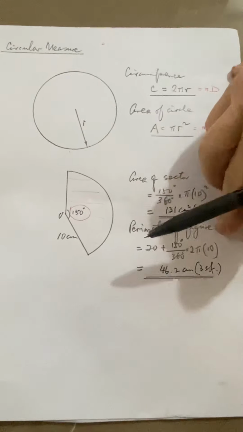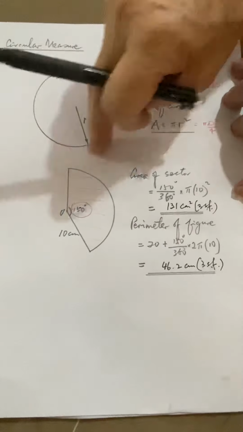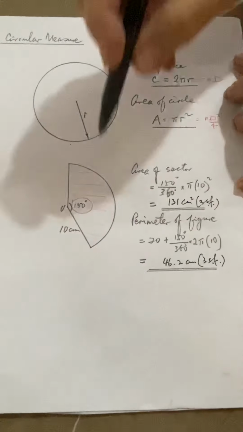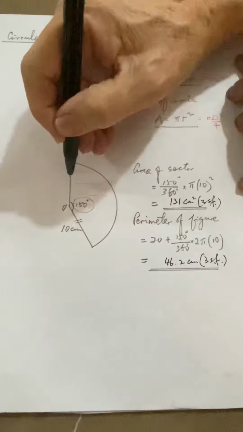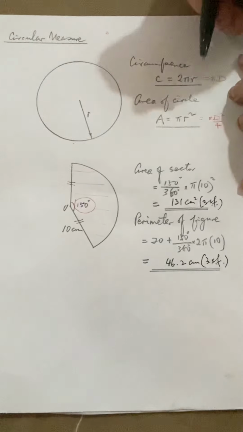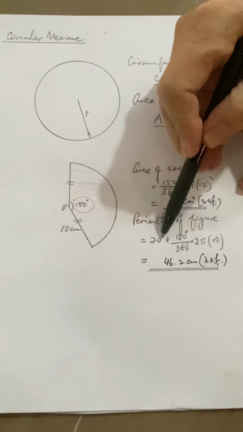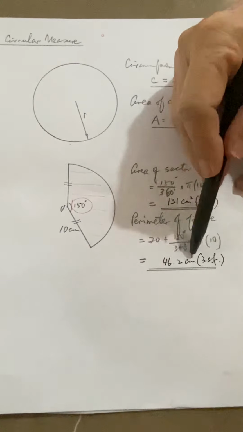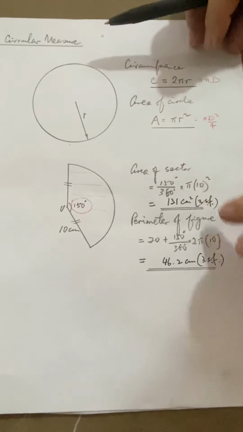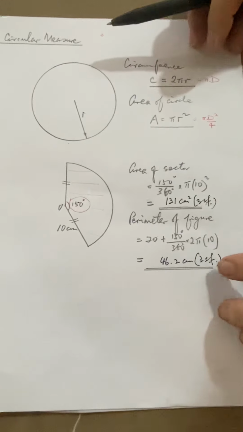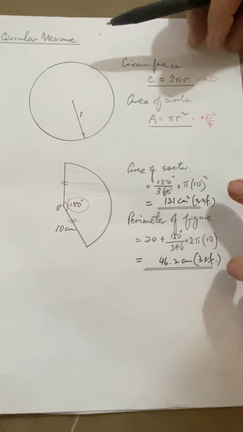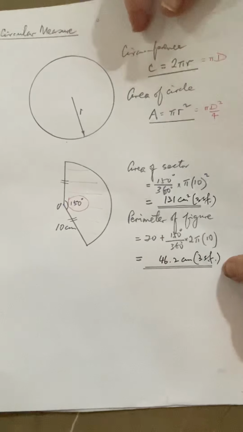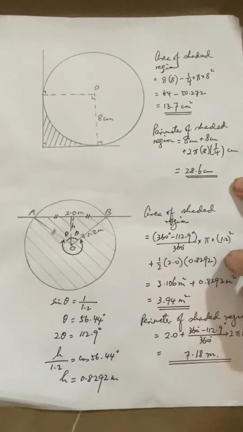The perimeter of the figure, circumference is 2 pi r. So you do the same thing, but be careful. For perimeter, you have 2 of this radii, which you have to add. And then you just put 150 over 360 times 2 pi r, you get 46.2 cm. 3 sig fig. As I must remind the SPM student, you are supposed to give it to 4 sig fig.